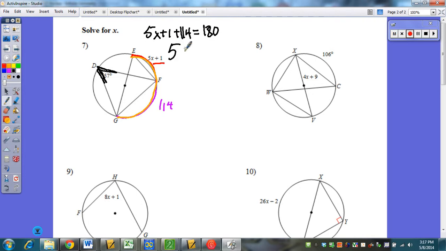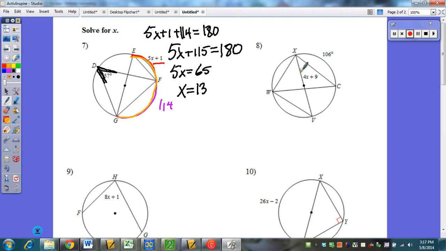So we have 5x plus 115 equals 180. So when I subtract 115 from both sides, we get 5x equals 65. Therefore, x equals 13.